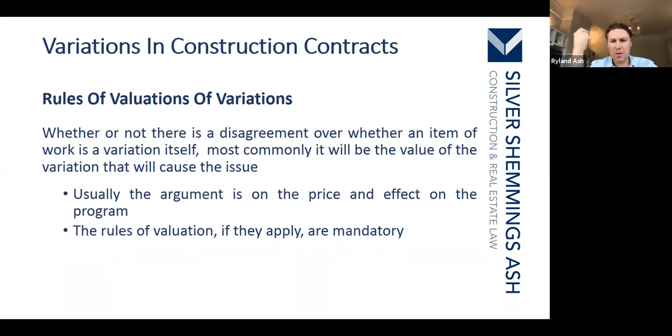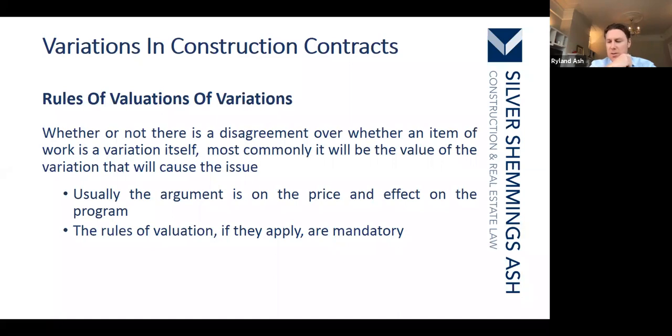They should be continually updating the program, reflecting variations, showing the variations in the work on the program as new activities or extended activities, and setting out and trying to establish entitlement at that time. That's the best way to avoid more of a dispute, shall we say, later in respect of final or later valuations. So deal with them early.